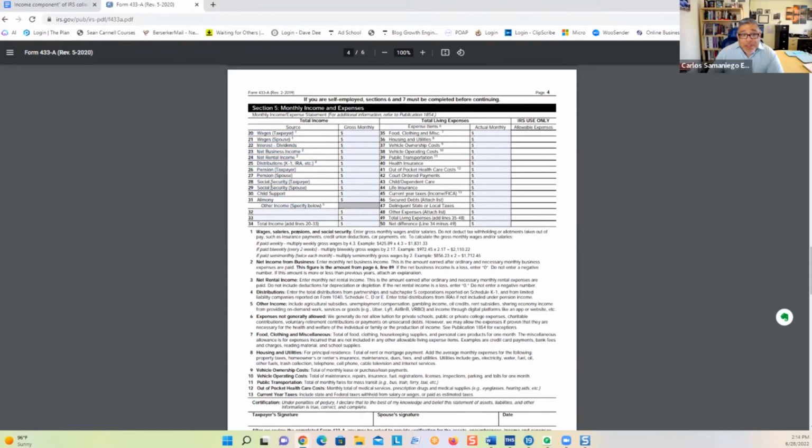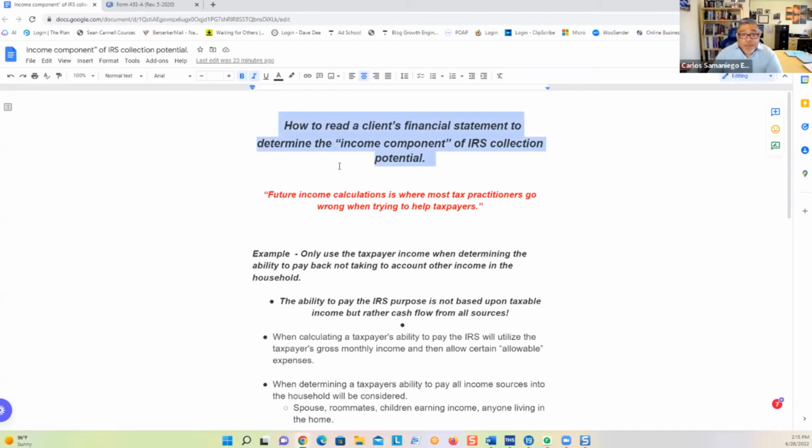This is the income component. And obviously you're going to see something here, gross monthly income, and I'm going to talk about why that is so important. This is the section where we make sure we have the correct information in there, so the IRS can figure out how they are going to collect on the debt that's owed.